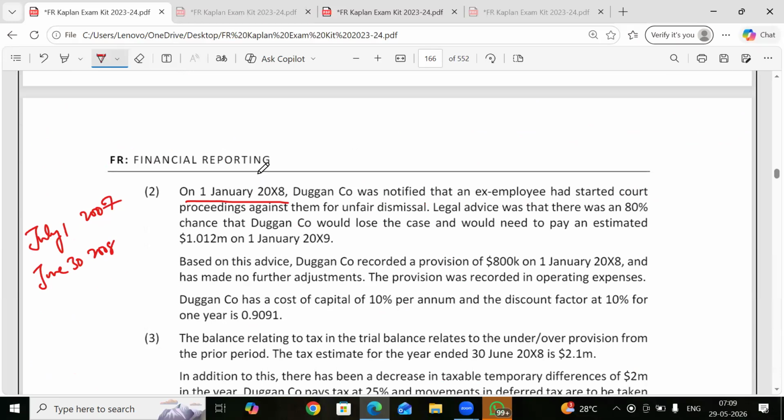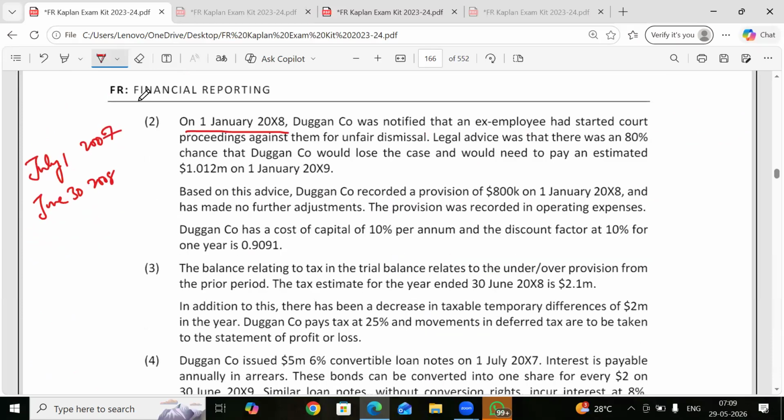So in mid of the year, Duggan company was notified that an ex-employee had started court proceedings against them for unfair dismissal. So Duggan company is running a company and there is some employee with them. They had a dispute regarding unfair dismissal, and he has started the court proceedings against the company.